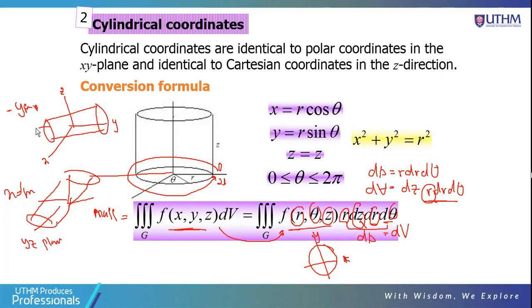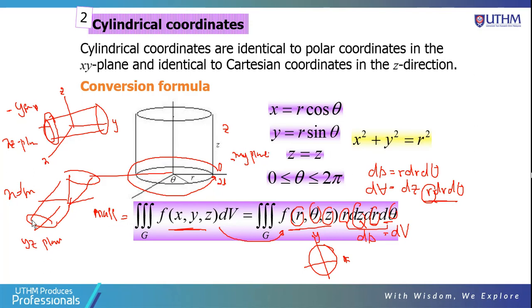So it depends on the condition, the orientation, and the projection of the cylindrical. Commonly z is the simpler and the plane is the xy plane. It depends on the question. Sometimes there is a projection in the xz plane or the yz plane.